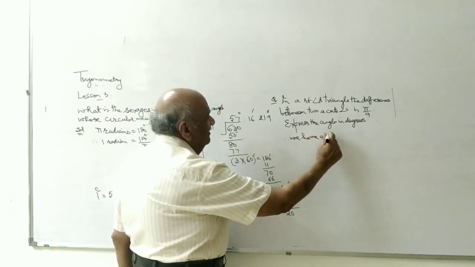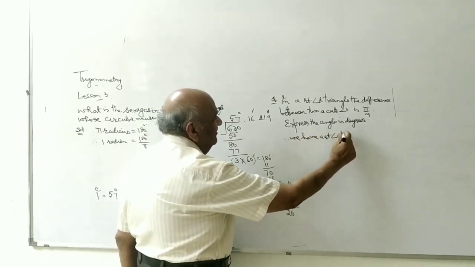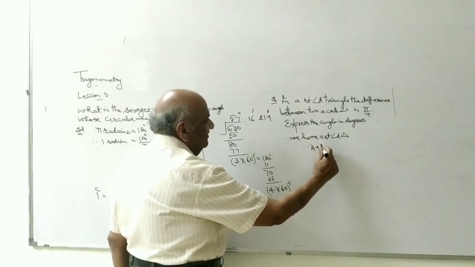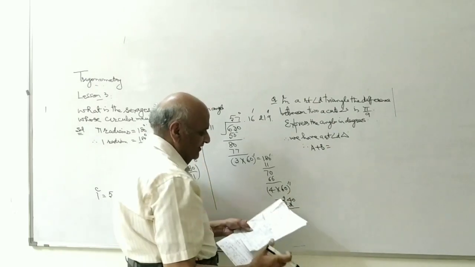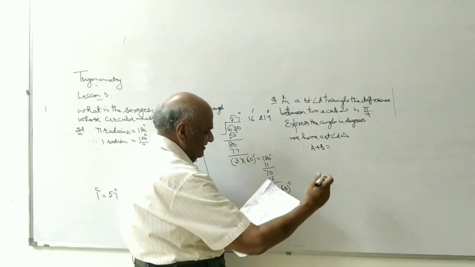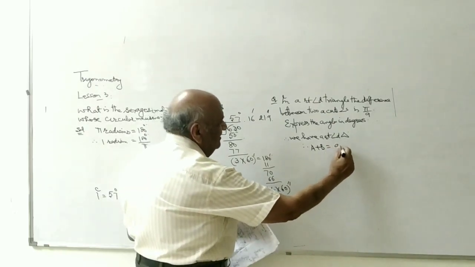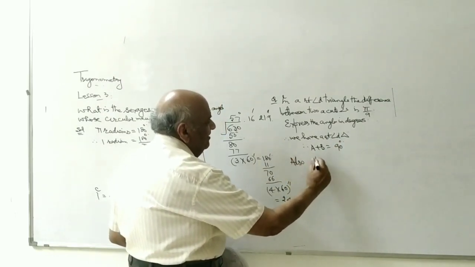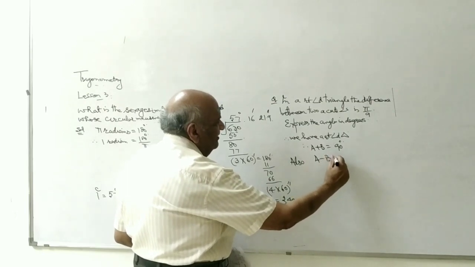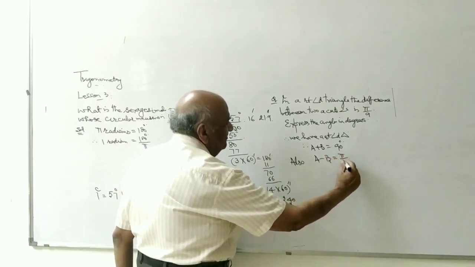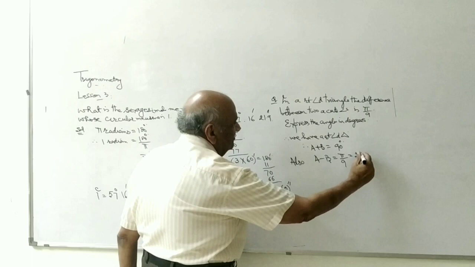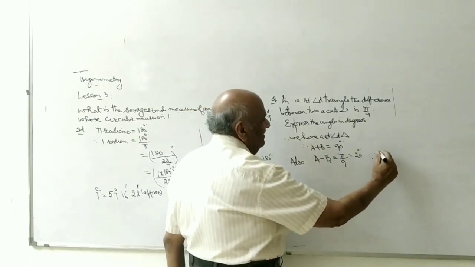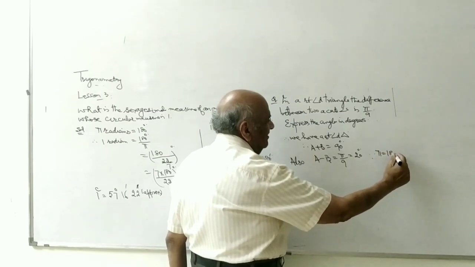Because we have a right angled triangle, A plus B, the sum of the angles, is 90 degrees. Also, A minus B is pi by 9, that is 20 degrees, because pi radians is equal to 180 degrees.